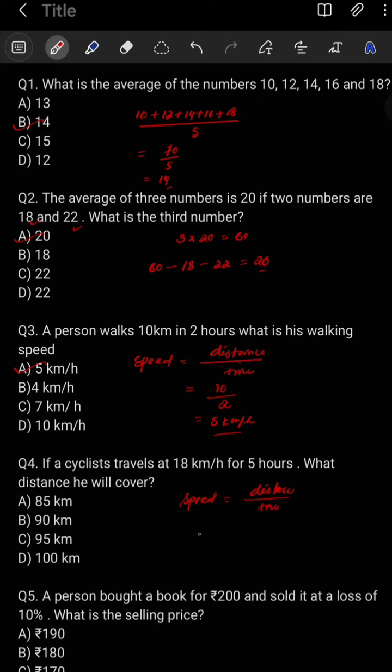Here they have given the speed as 18, distance is not given, they ask you to find the distance, and time is given as 5 hours. Now if you multiply, 18 into 5 will be 90 kilometer. So option B is your correct option. Or else you can directly apply the formula, distance equal to speed into time.